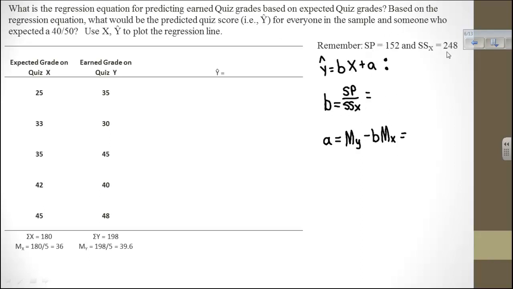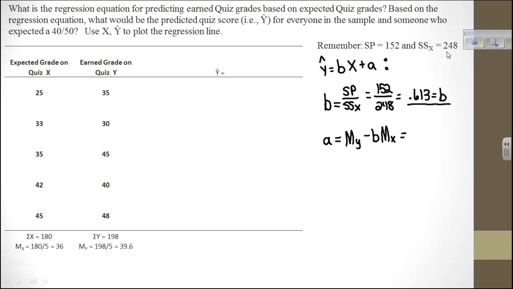So we found our sum of products to be 152. So 152 divided by sum of squares x, which was also found to be 248, gives you a b of 0.613. So already, I know based on the data that I have from these 5 people, I would expect to see a 0.613 point increase in earned grades based on a 1 point increase in expected grades.